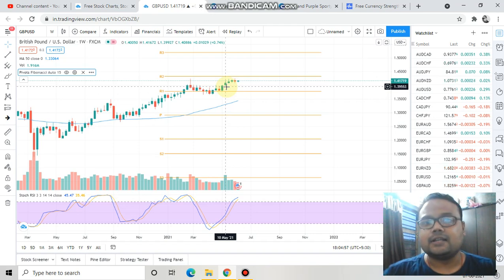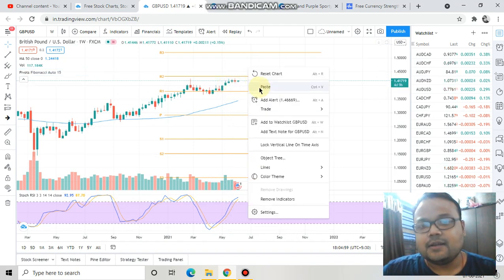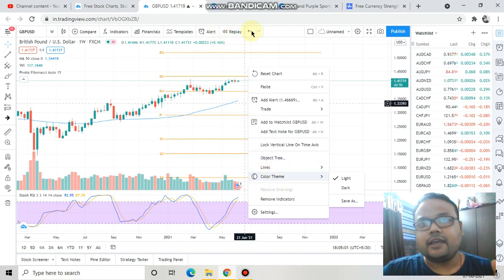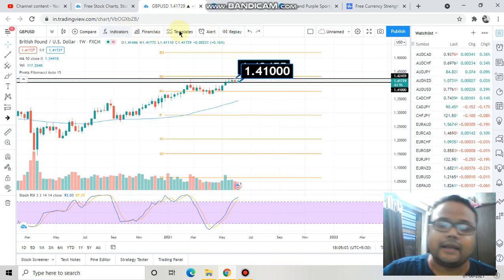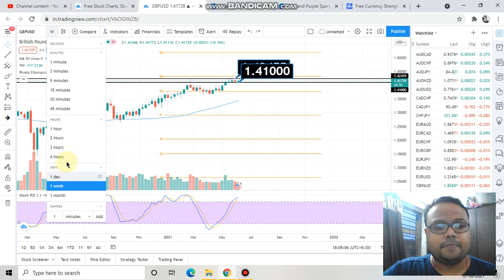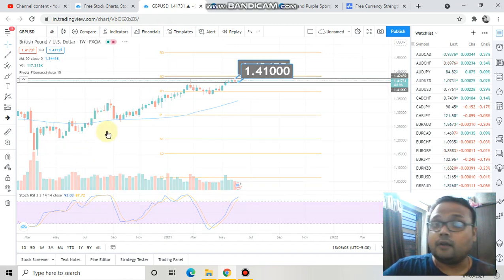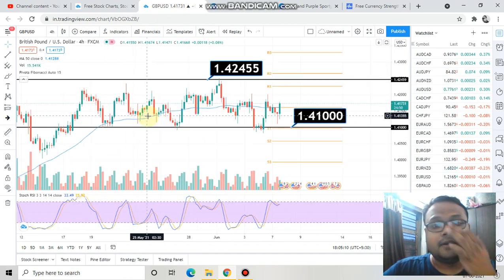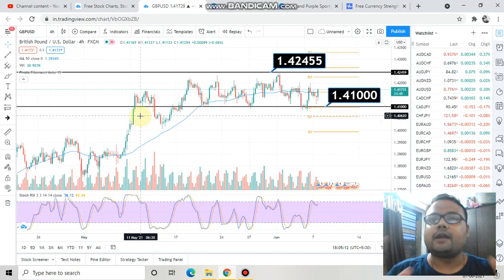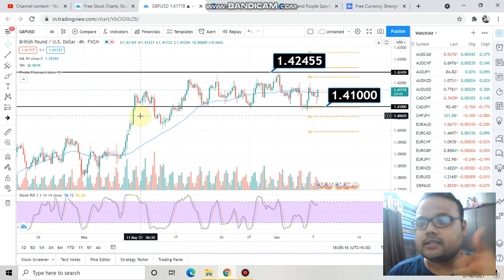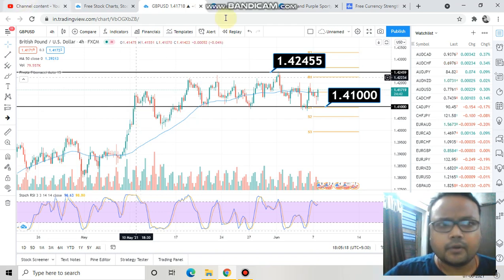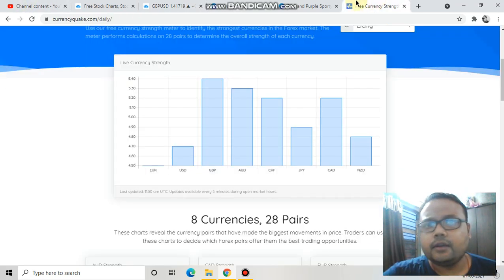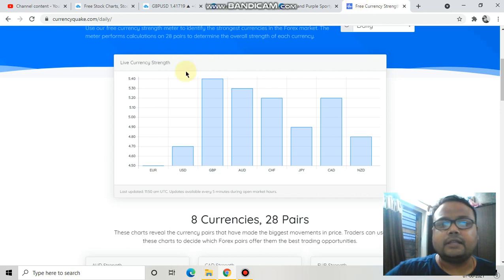Right now the market is caught in a range, only because of that particular resistance level. Otherwise, the market was very much bullish, and though it is caught in a range, things are well and good.